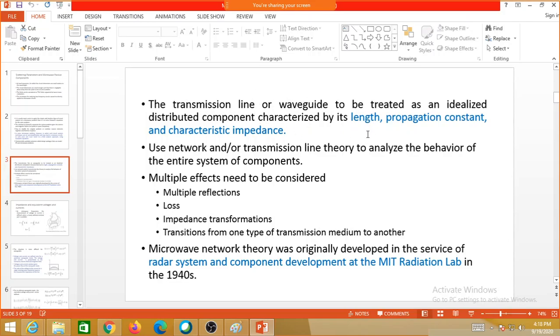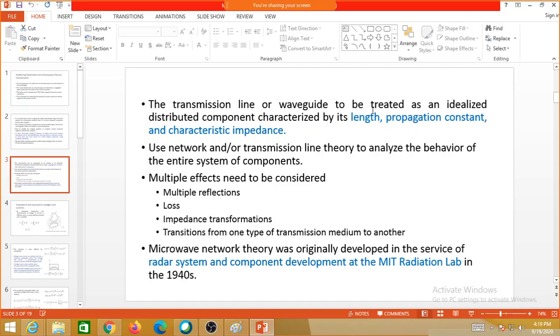So any transmission line or waveguide we need to characterize by its length, how much length we are taking for the analysis, and also the propagation constant k. It describes the wave traveling in a particular direction, and gives both attenuation as well as phase: how much power loss is happening in the transmission line or in the waveguide, and how much the phase changes when we travel from one point to another with respect to the input signal applied.